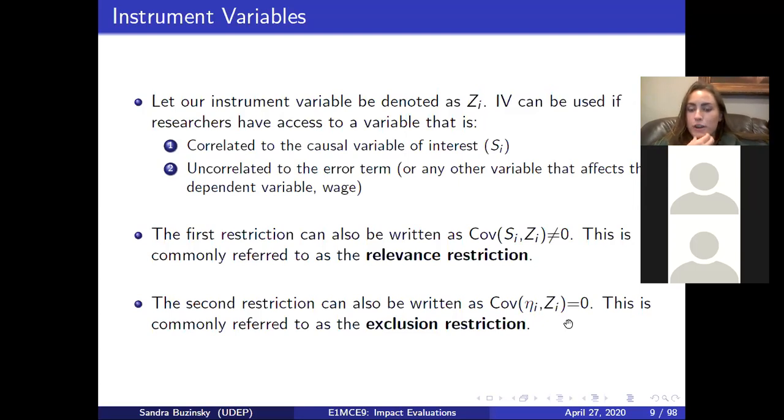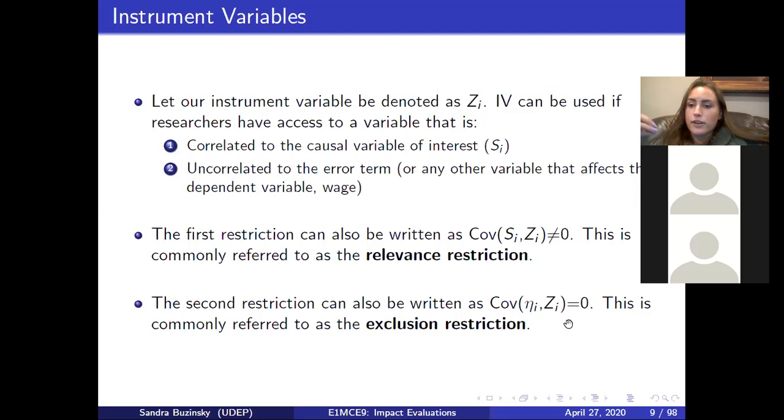We'll talk about some examples of that. For education, a common variable that authors used, which I think there's a paper that I talk about later, is distance from a university.